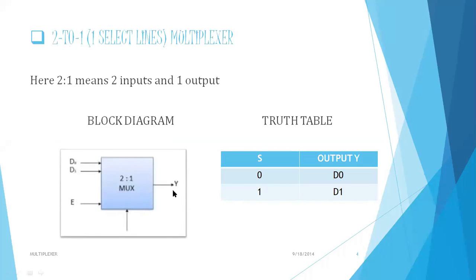Inputs, and it will produce only one output. Here S is the selection line.